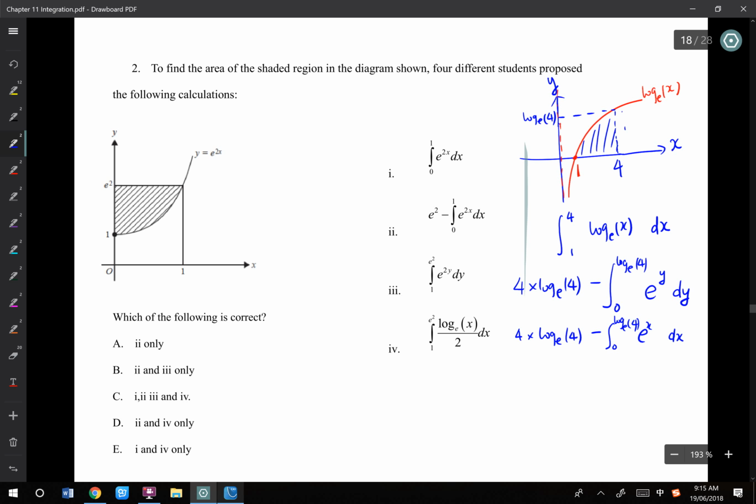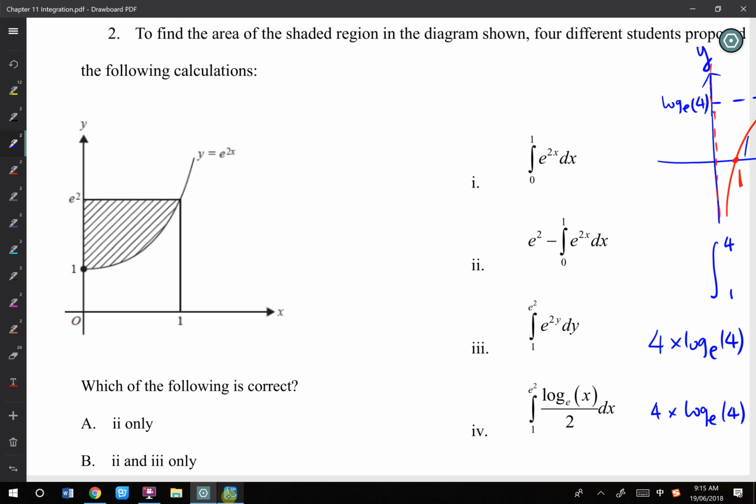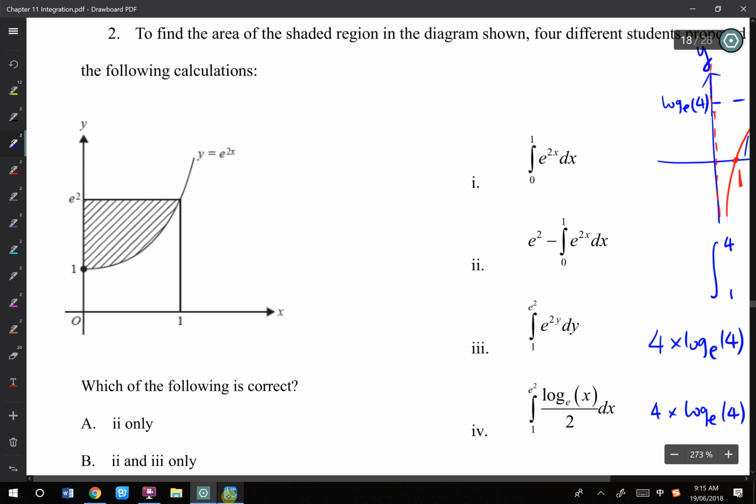This is just an exponential, y equals e to the x. It's easy to see. The first one is easy. I can just use the rectangle to subtract the area below the curve.